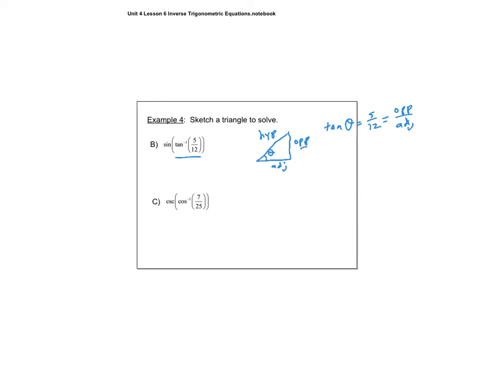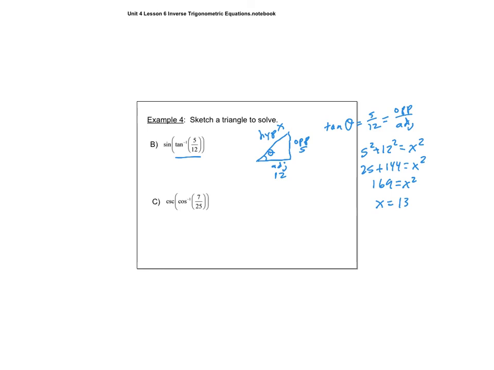So this is my 5. This is my 12. And I don't know what the hypotenuse is, so I'm just going to call that x. So I'm going to use my Pythagorean theorem. So 5 squared plus 12 squared equals x squared. So 25 plus 144 equals x squared. Take the square root, and we end up getting 13.